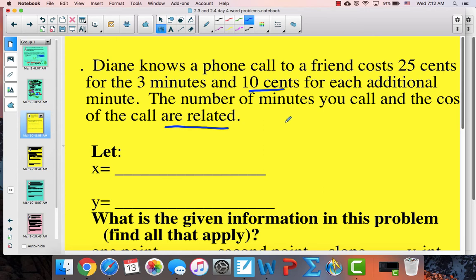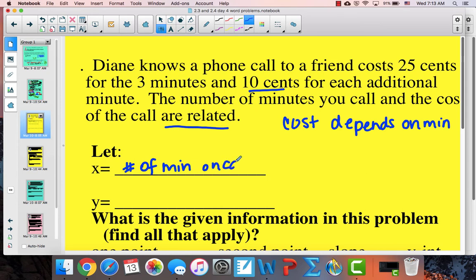Well, hopefully you're sensing that the cost depends on the minutes on the phone. So that tells me that minutes is my x, so number of minutes on call, and the cost of the call is my y.